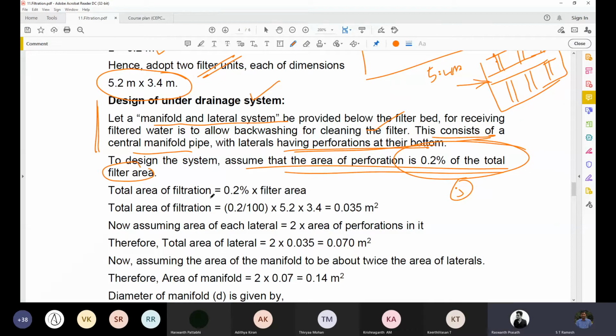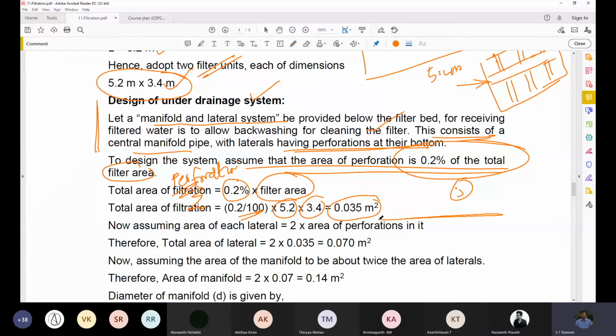Total area of perforation is equal to 0.2 by 100 multiplied by 5.2 by 3.4, which will become 0.035 meter square.